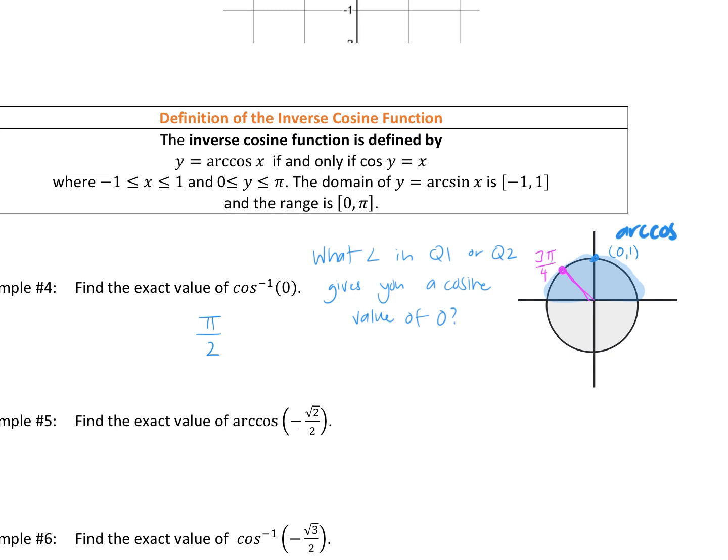And that coordinate point there is (negative square root of 2 over 2, square root of 2 over 2). Your other negative cosine would be in this quadrant here, but that's not in the domain of arc cosine. So I'm only going to take that answer of 3 pi over 4.